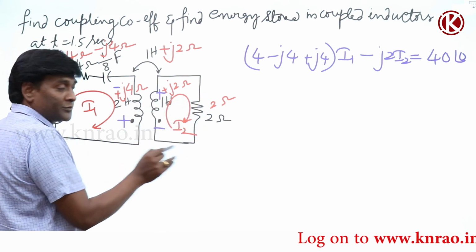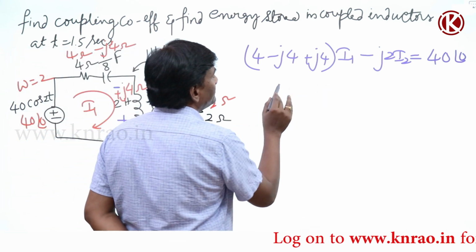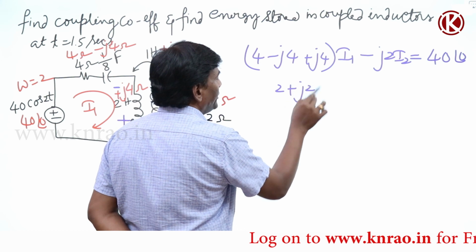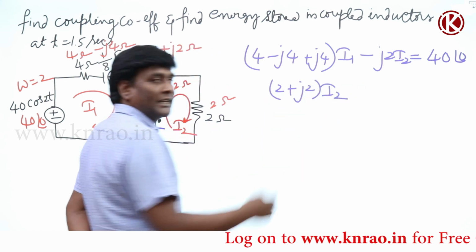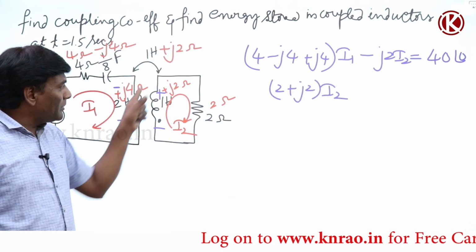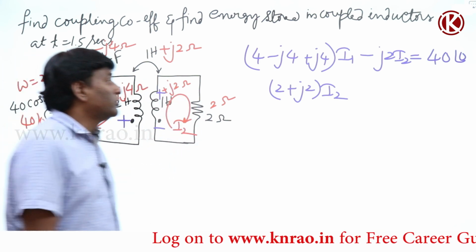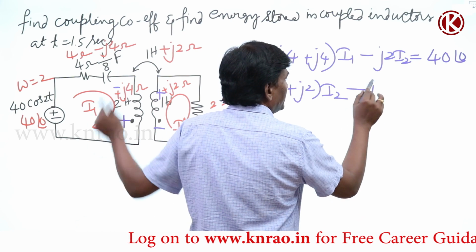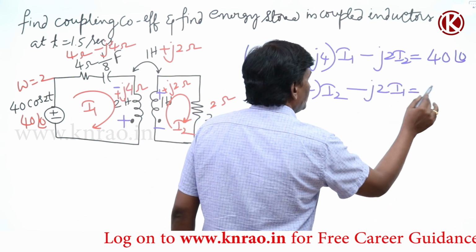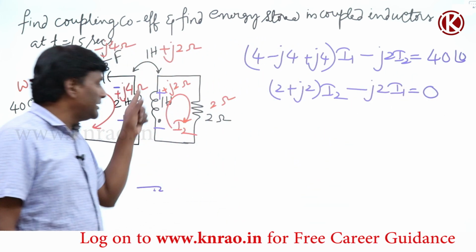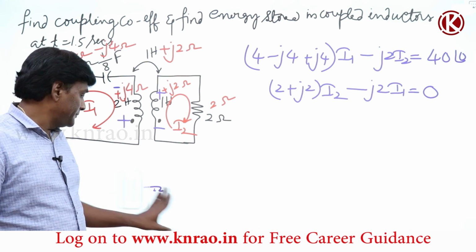If you think of self only, 2 plus j2 into I2, that is going to be self. If you apply KVL in this direction, you are going to touch minus first, so minus j2 into I1 is going to be 0, as it is closed by its own.